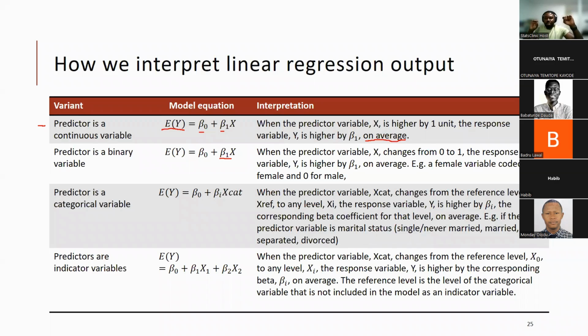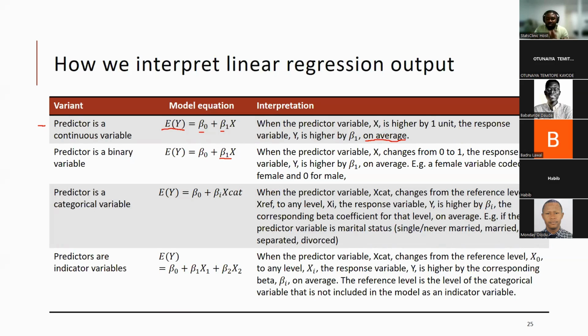The beta 1 would be something like maybe 2 hours, in which case the average in females will be 70 plus 2. Let me say that again. If the beta 0 is 70 hours, that is the average in the reference group, the 0 group.